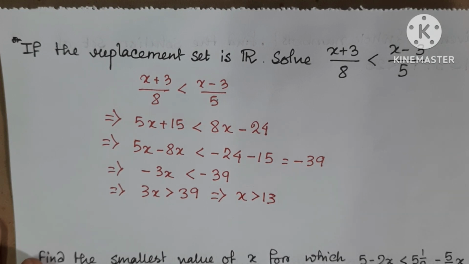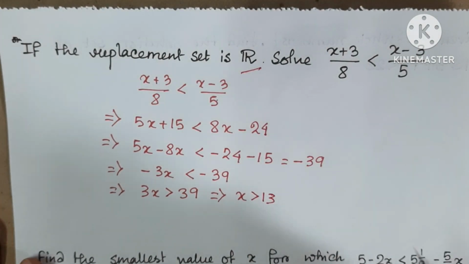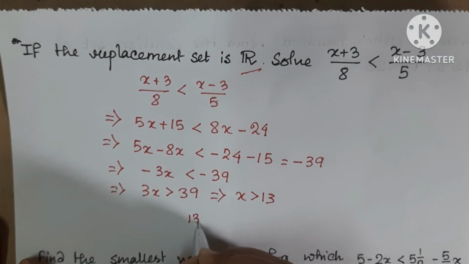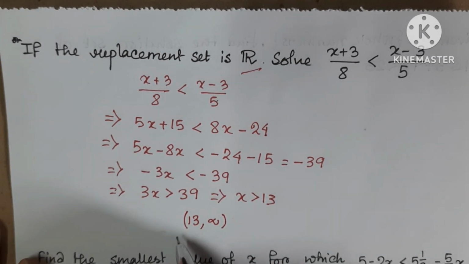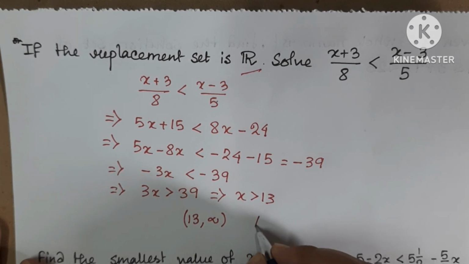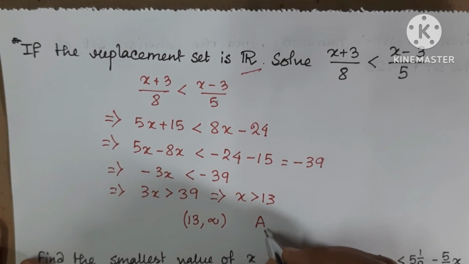Okay, now the replacement set here is R. So what will be the solution set? 13, this interval. That means you can write it in set form, suppose set A is the solution set.